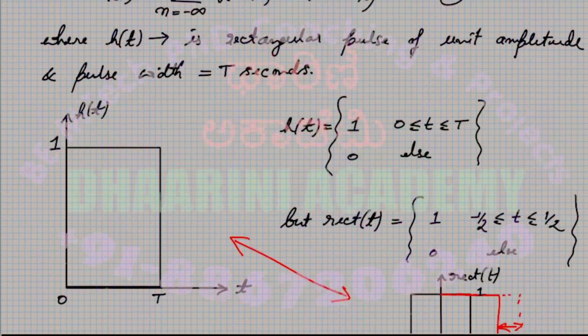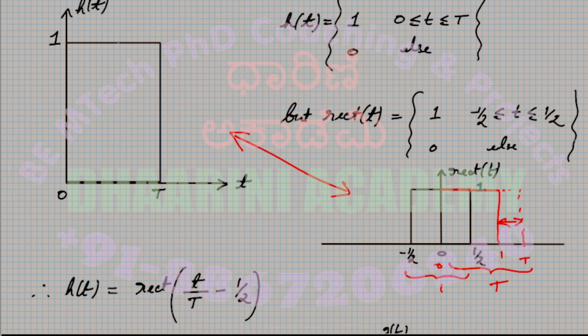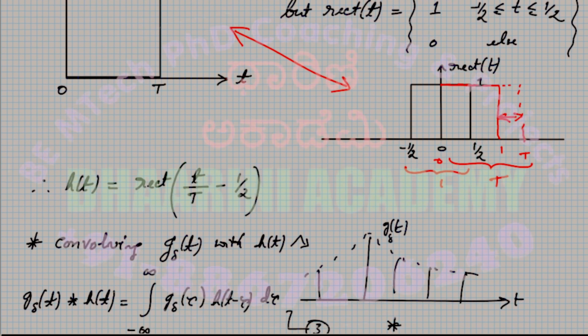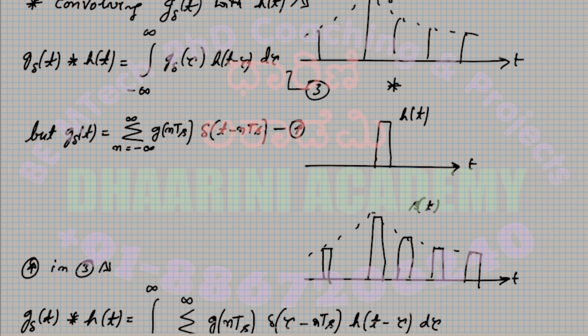Then we tried to give a representation for each of the rectangular functions in terms of the standard rect function. Then we understood that by performing what is called a convolution, we can get the required answer.